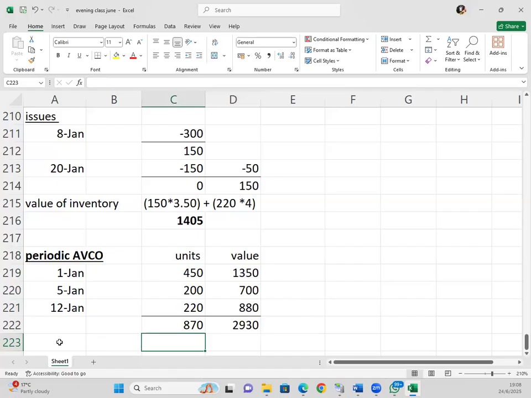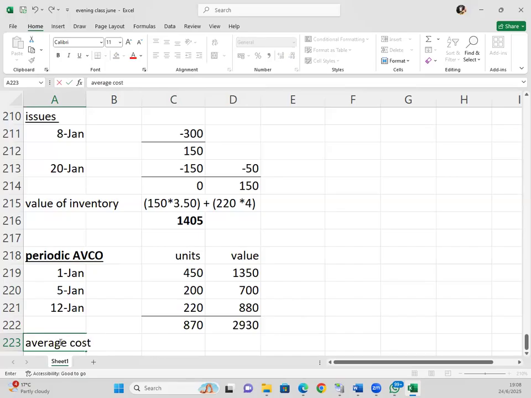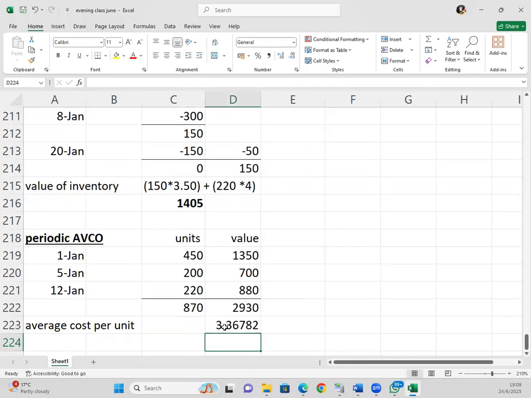So we then work out our average cost per unit. You say the total value over the total units you bought. You get your average cost, rounded to 2 decimal places.